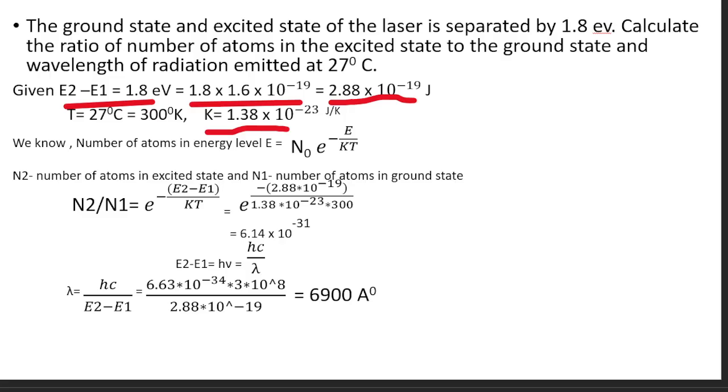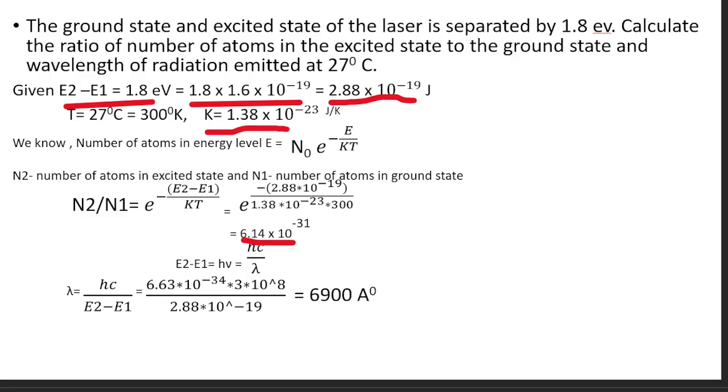We take the ratio of N2 and N1, where N2 is the excited state and N1 is the ground state. We can write it as e raised to minus (E2 minus E1) upon kT. So we have the value of E2 minus E1, that is 2.88 into 10 raised to minus 19, k is the Boltzmann constant, and the temperature. Therefore this ratio N2 upon N1 becomes 6.14 into 10 raised to minus 30.